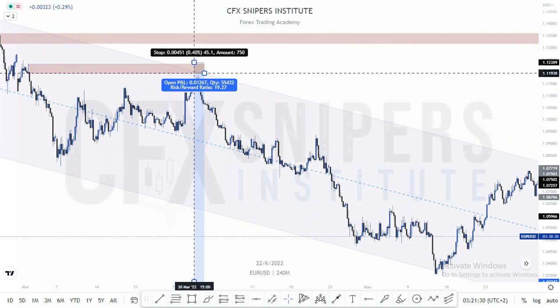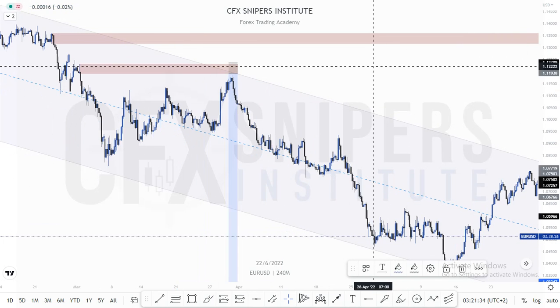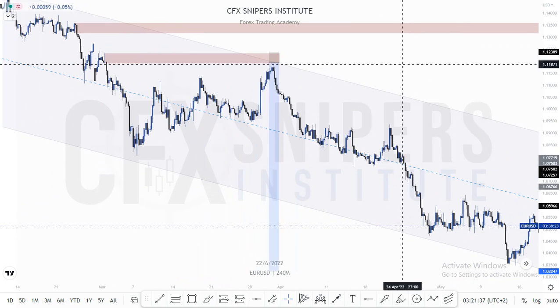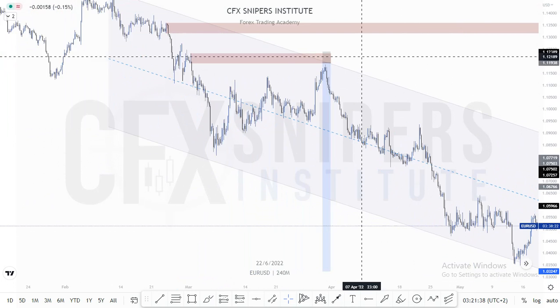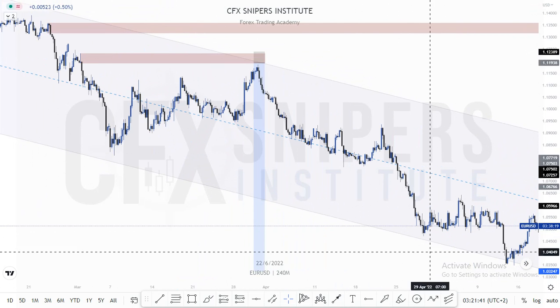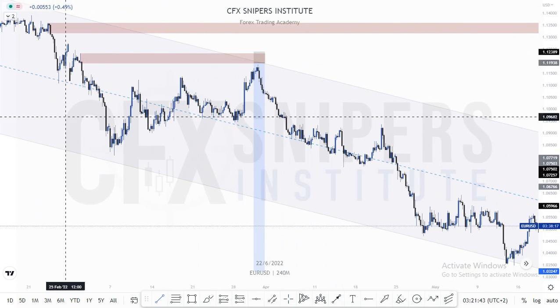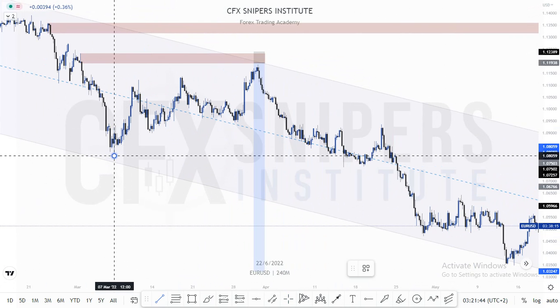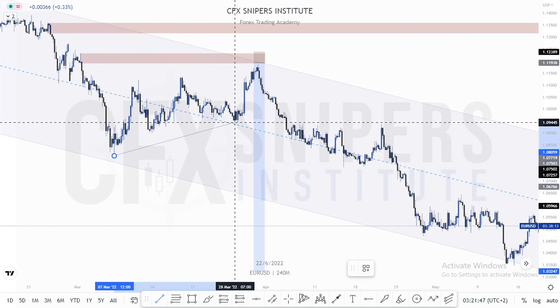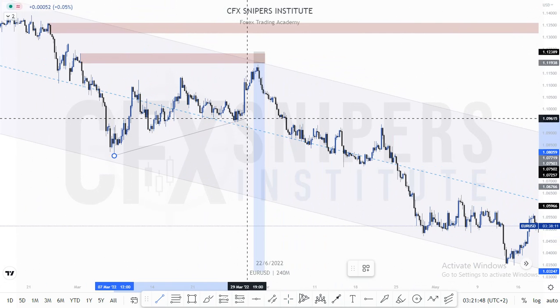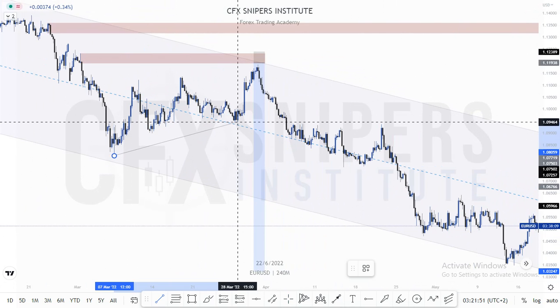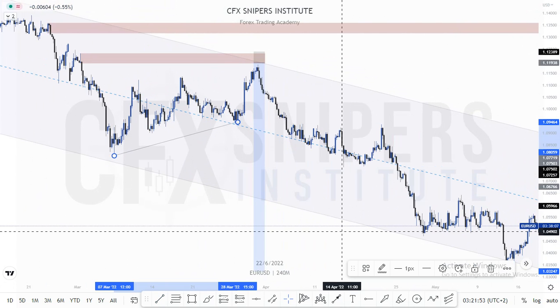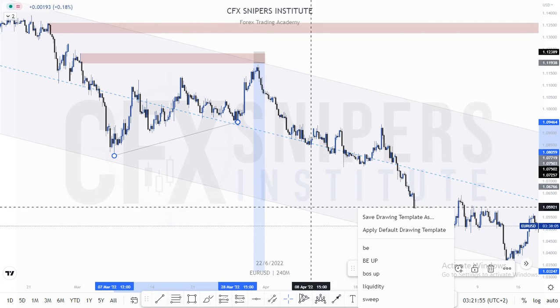And again, we had this beautiful channel happening here, which is what I like to call liquidity, because when price breaks here, it will break that range. So that's where you must stay away from.